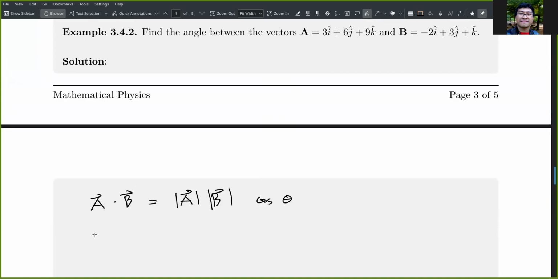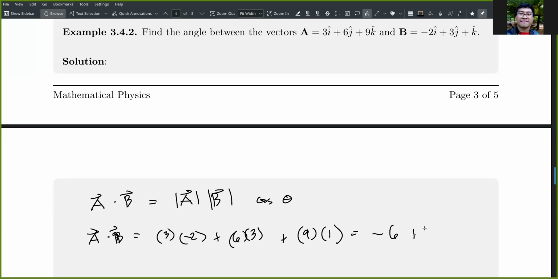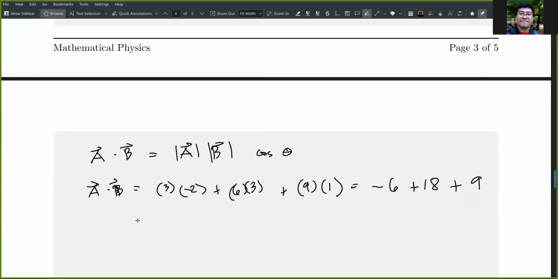For a dot b, we can use the dot product in terms of components: 3 times negative 2 plus 6 times 3 plus 9 times 1. That would be minus 6 plus 18 plus 9. The answer is 21.